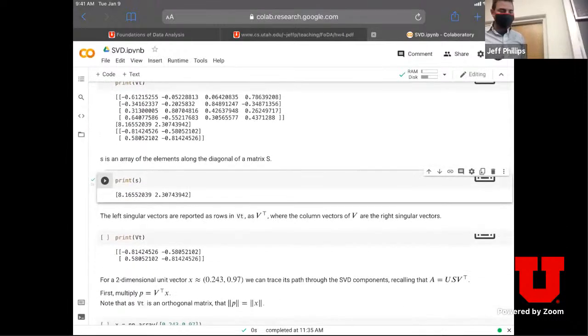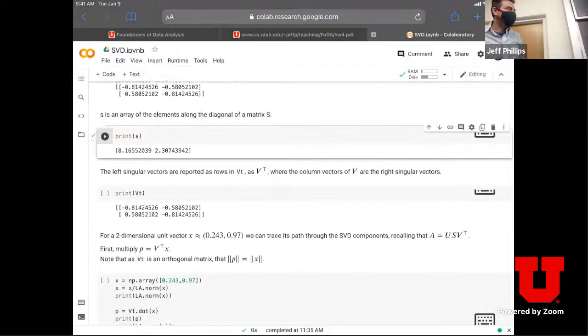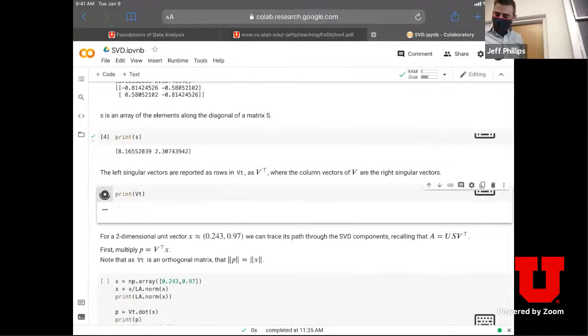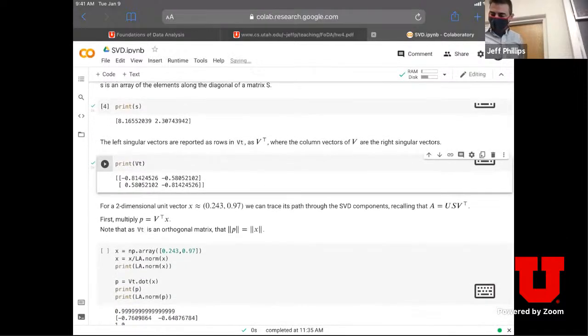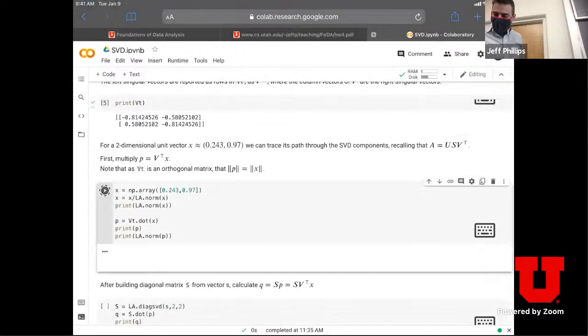Right, so S is just this vector, and V transpose is just the matrix. Okay, and if I take X, that's my input, let me force normalize it so it's exactly a unit vector, up to precision.